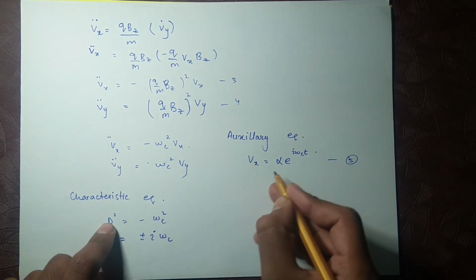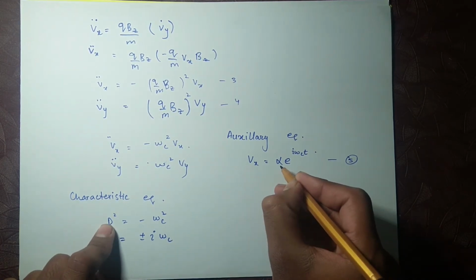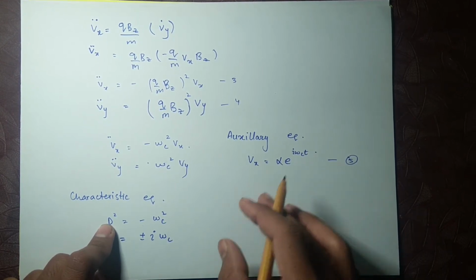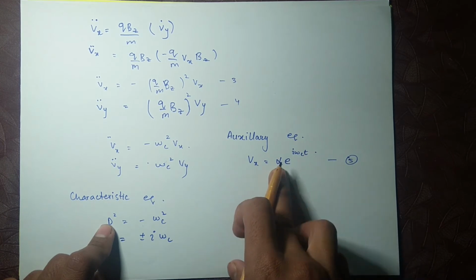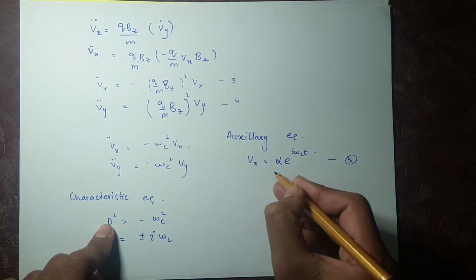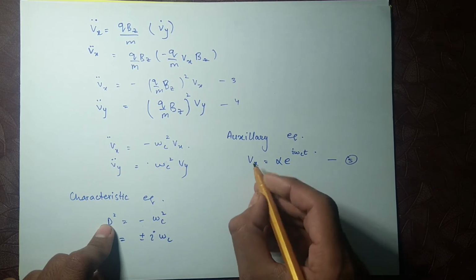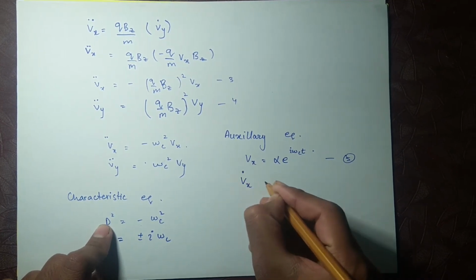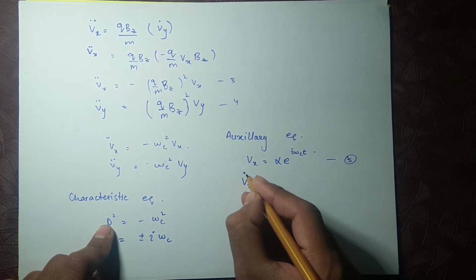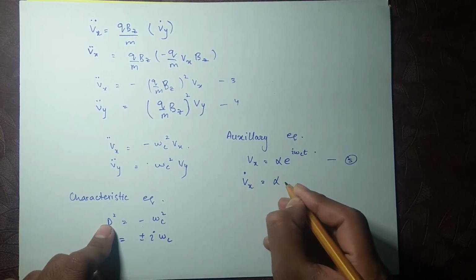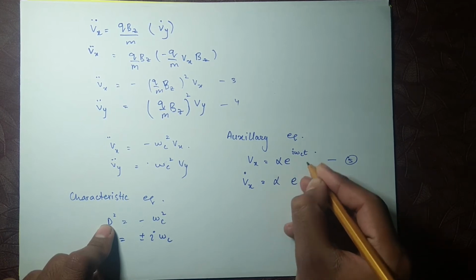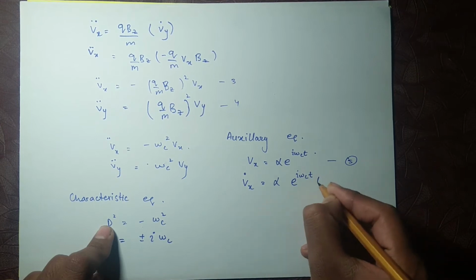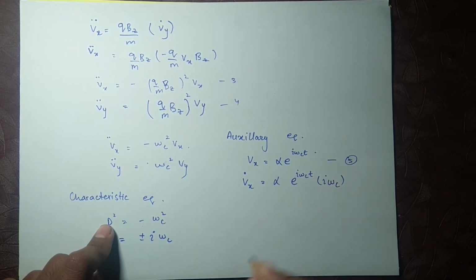Now we will find the value of this alpha. This alpha is equal to v perpendicular. Before that, we will take a derivative of this, and v x dot equals alpha e power iota omega c t into iota omega c.